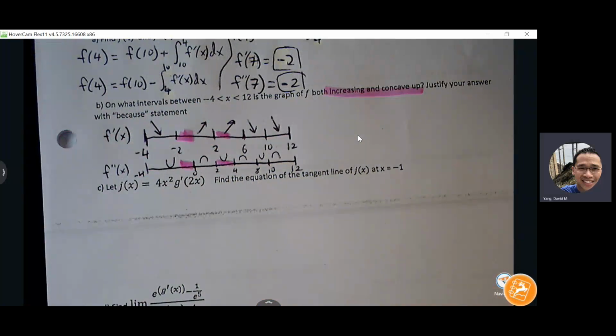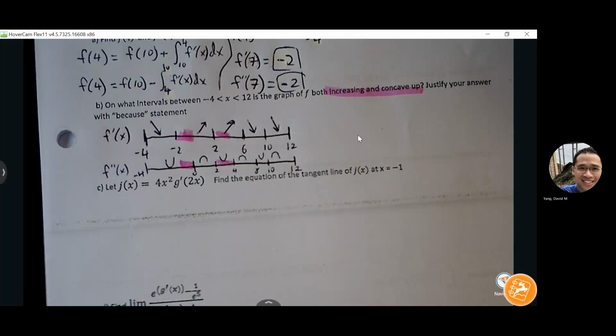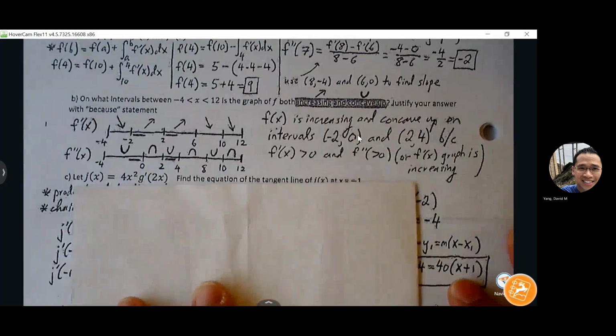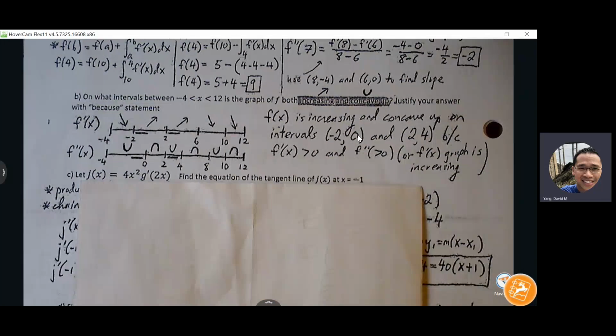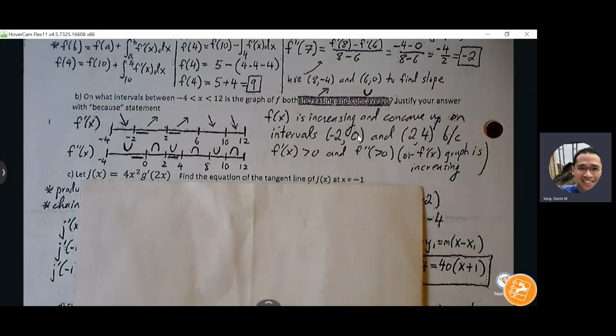That's it, right? So our function is increasing and concave up on the intervals from -2 to 0 and from 2 to 4, because f prime of x is greater than 0, and f double prime of x is also greater than 0.